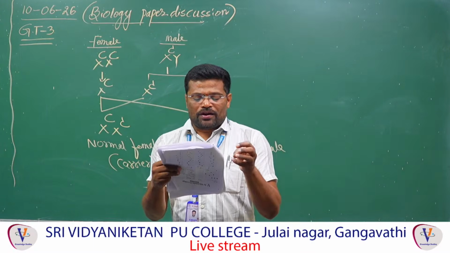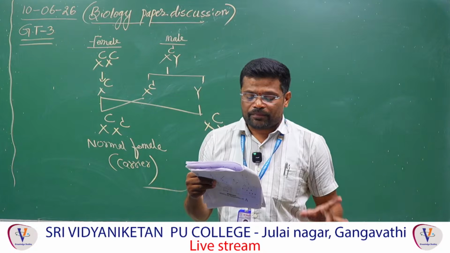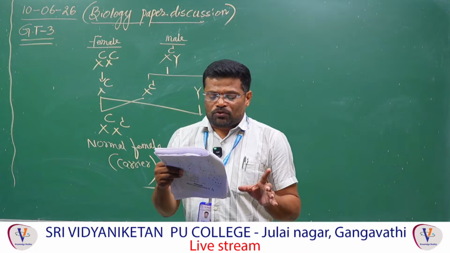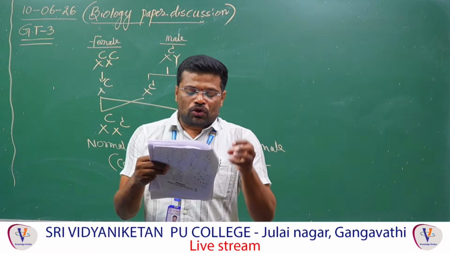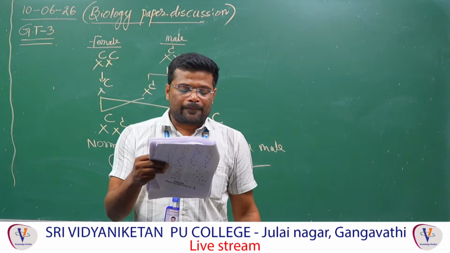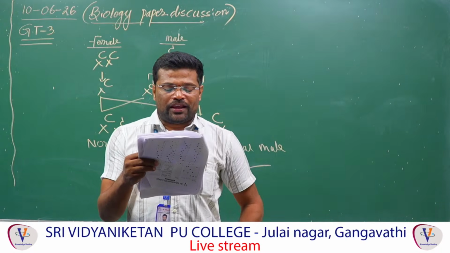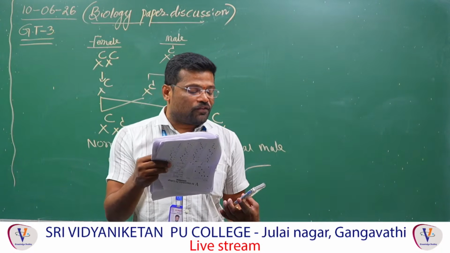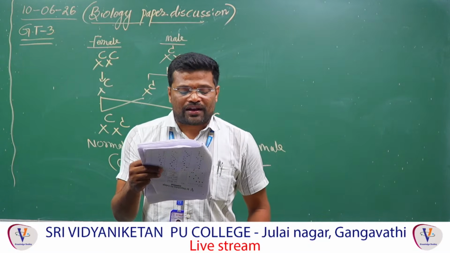A. Oral contraceptive pills inhibit ovulation and implantation. A is correct. B. Oral contraceptive pills can alter the quality of cervical mucus to prevent or retard the entry of sperms. B is correct. C. Oral contraceptive pills inhibit the formation of primary follicles. Absolutely wrong. So here A and B are correct.